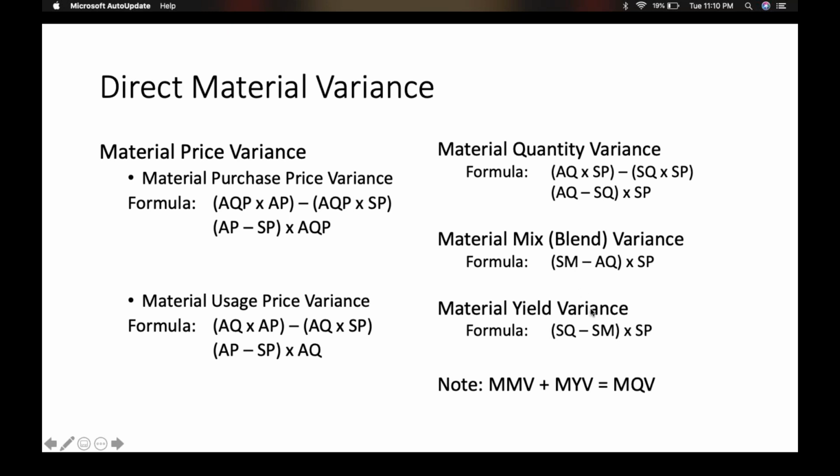So we have the same variable here. If this is the same, what we will be left with is SQ and AQ multiplied by SP. And that is the formula of the material quantity variance, AQ and SQ times the SP.